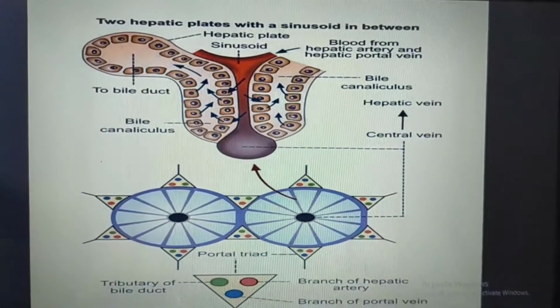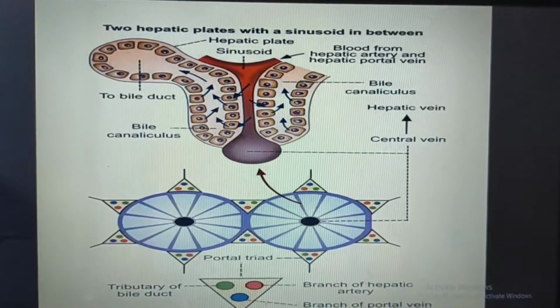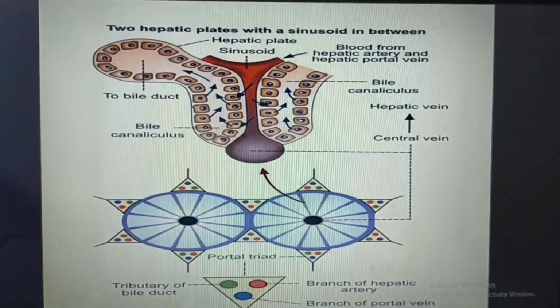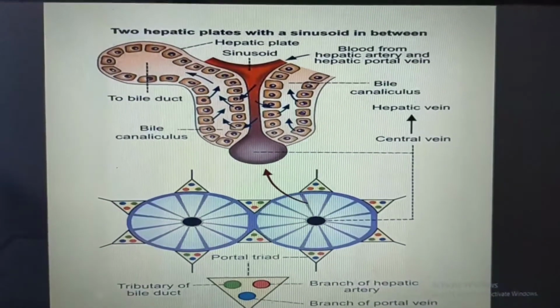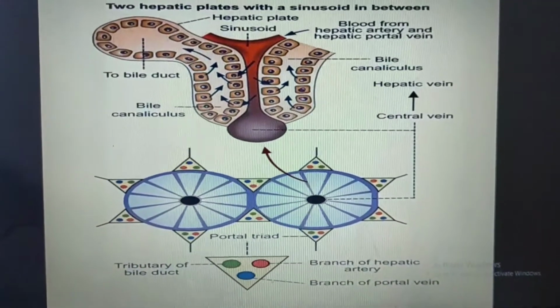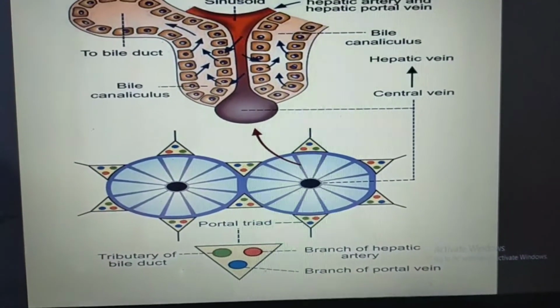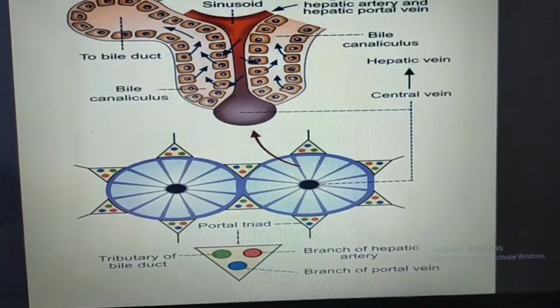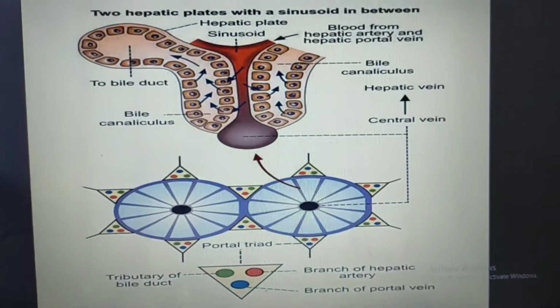So in this figure you can see the sinusoid, bile canaliculus. This is a portal triad. In that, there is a branch of hepatic artery, portal vein, and tributary of bile duct.